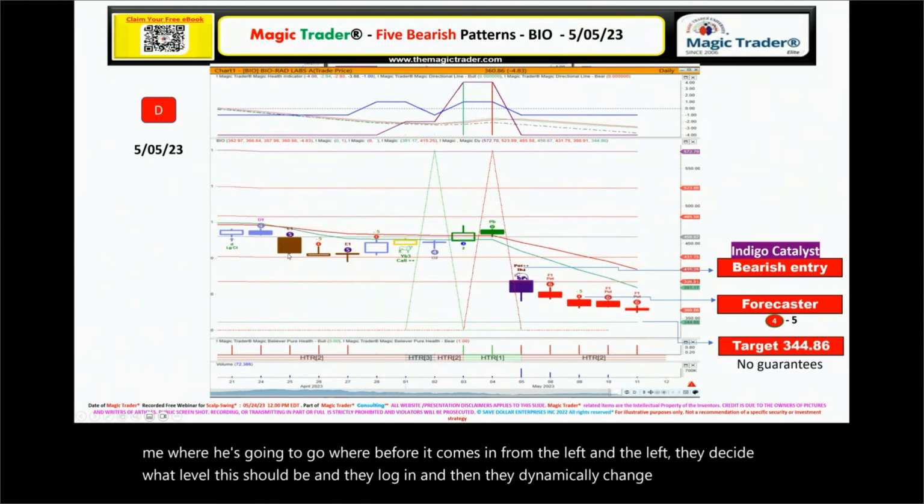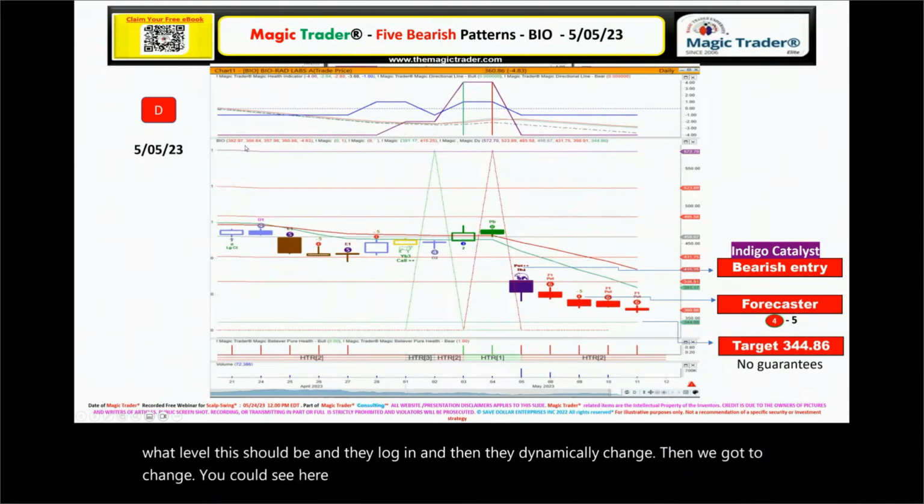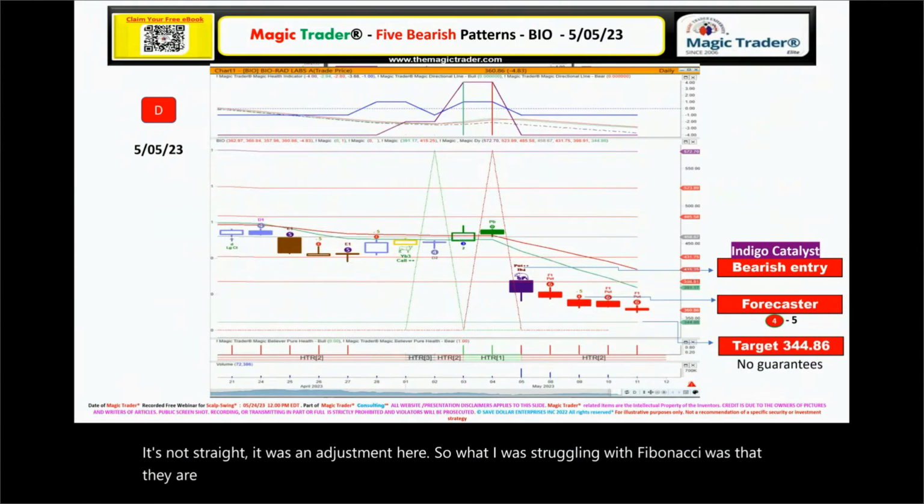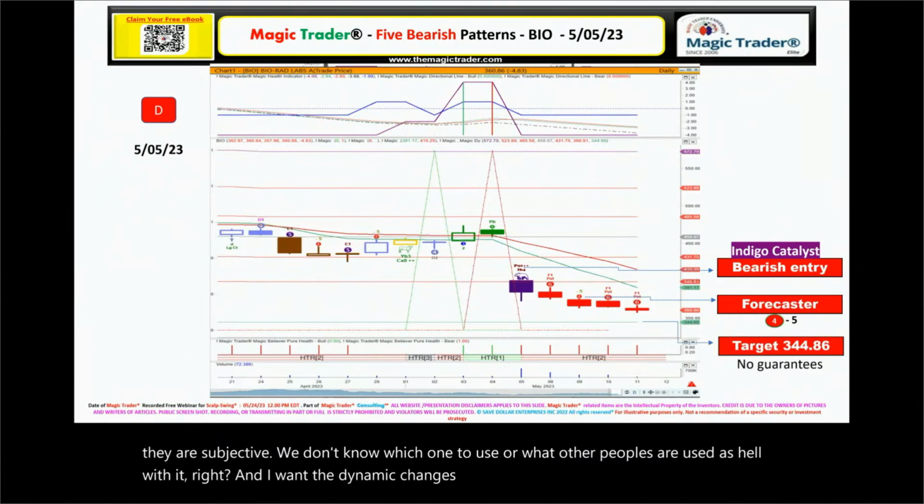You could see here, there was a little adjustment right here. It's not straight. What I was struggling with in Fibonacci was that they are subjective. We don't know which one to use or what other people are using. I said, to hell with it. I want the dynamic changes of the market and forecasting at the same time.